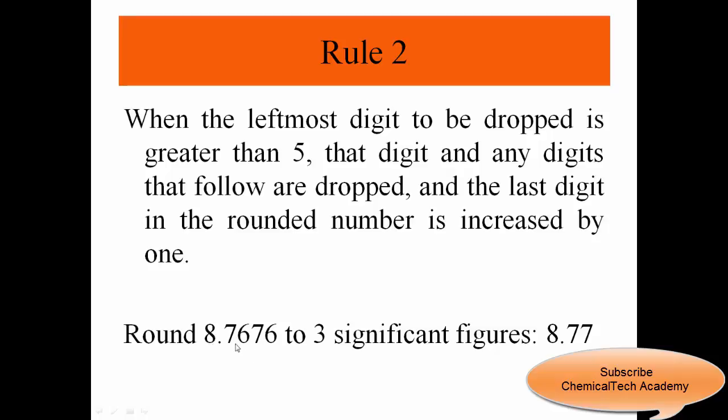So we have these 3 numbers, and the digit right after these 3 significant figures is 7, and 7 is greater than 5. So we need to drop these 2 digits, and we increase this digit by 1. So the rounded number is going to be 8.77.